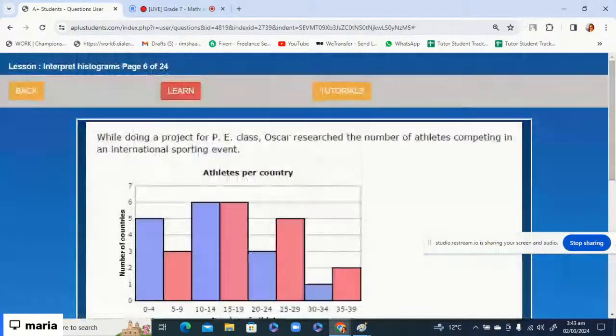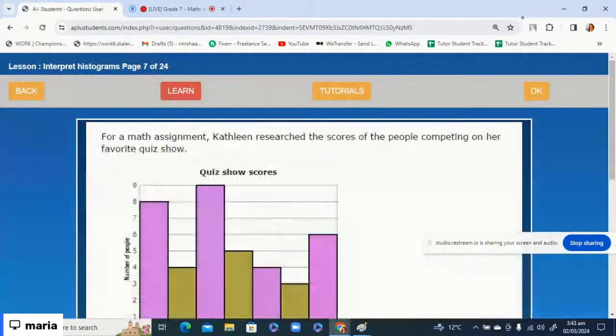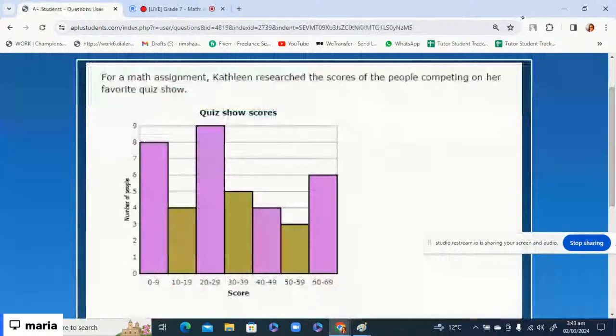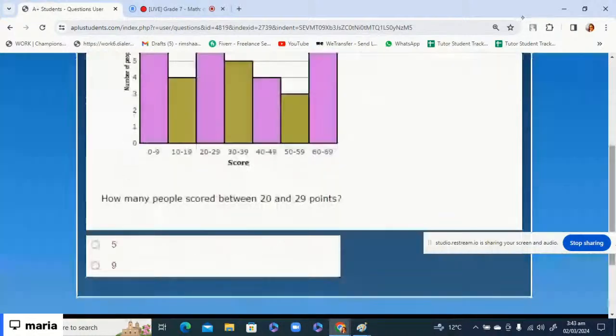All right, now let's do this last question. For math assignments, Kathleen researched the scores for the pupils competing on her favorite quiz show. Quiz show scores are given, scores on the x-axis and number of people on the y-axis.